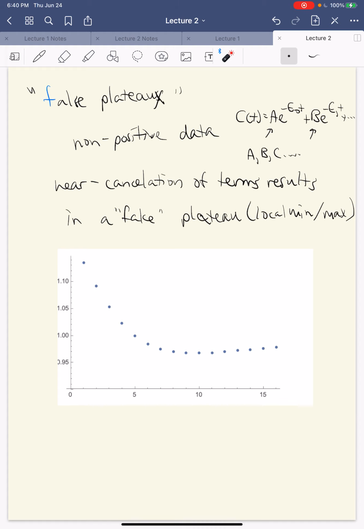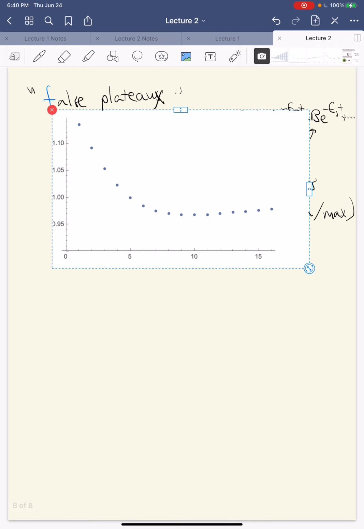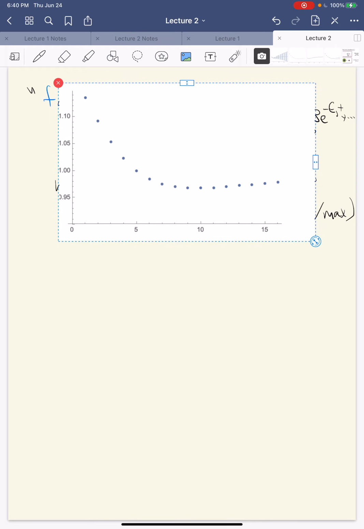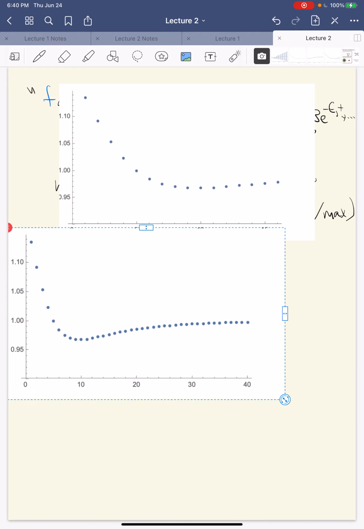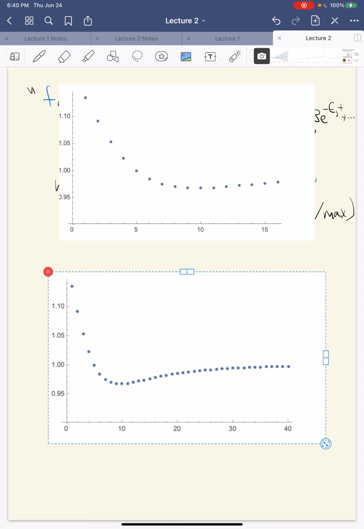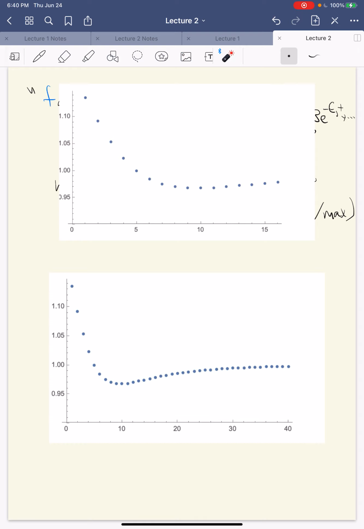Now, okay, however, let's see, how did I grab this? There we go. If I go out later in time, I'll see that what looked like it may have been a plateau around 10 was in fact just a local minimum.